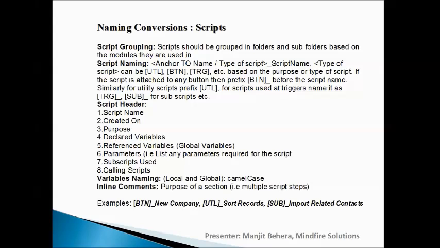Here are a few examples of the script name, like square bracket btn underscore new company. This means it is called from a button which creates a new company. Then utl underscore sort records, which means it is doing some utility work like sorting records.